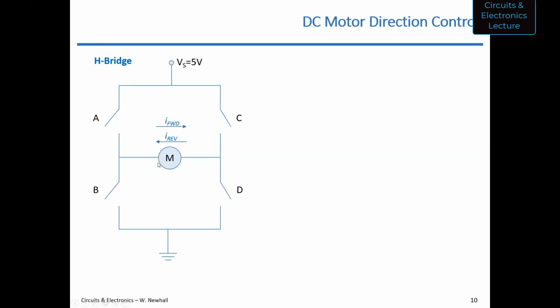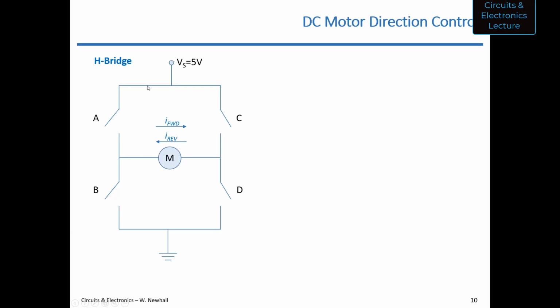Let's define for this particular motor that if current is going from left to right through this motor, we're going to call that the forward direction of the motor. If you reverse the direction of current through a motor, its shaft turns the opposite direction for DC motors. So let's define current going from right to left through this motor as having the reverse direction effect of this motor.